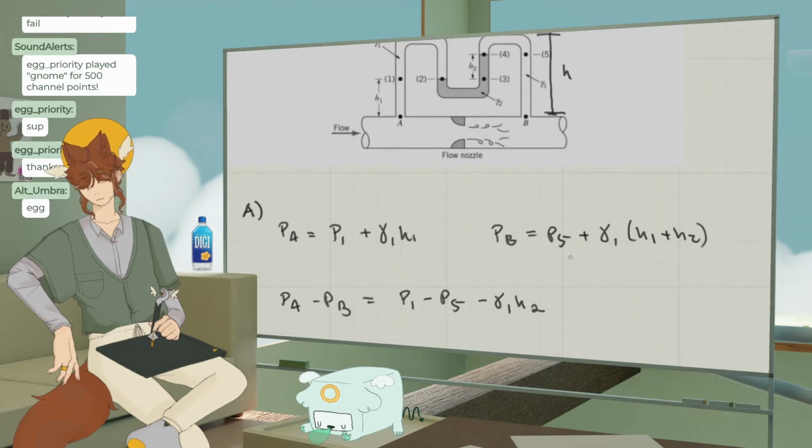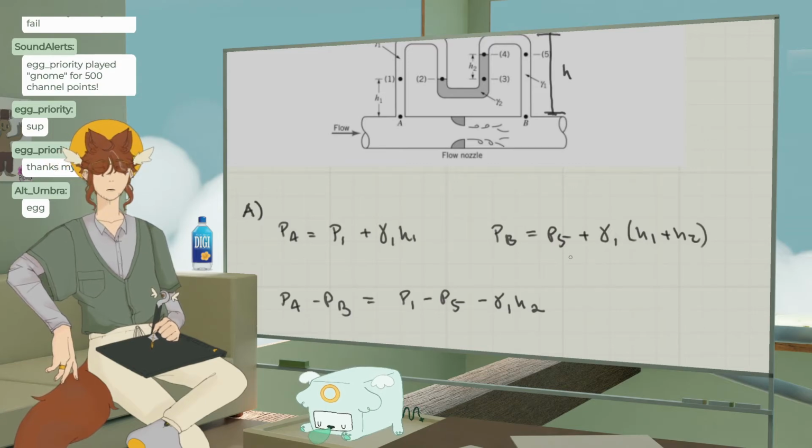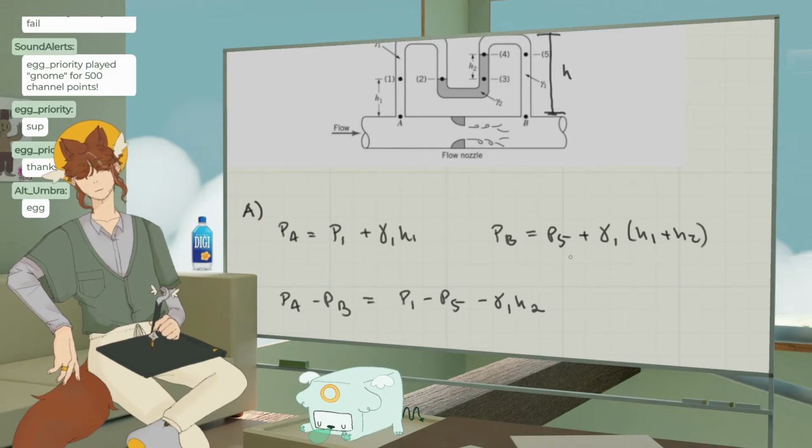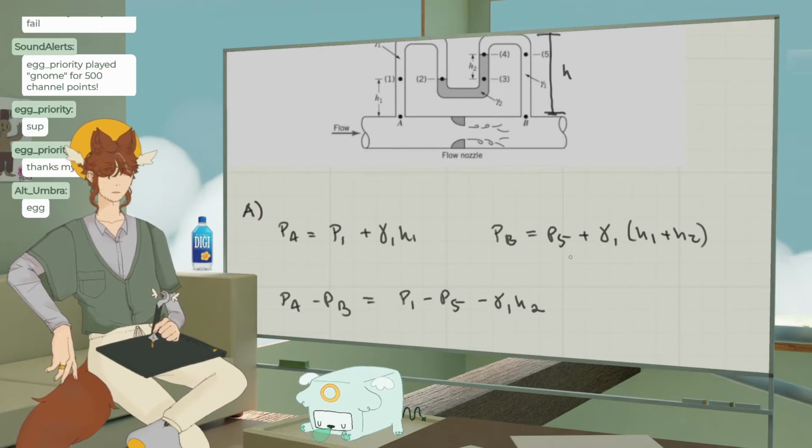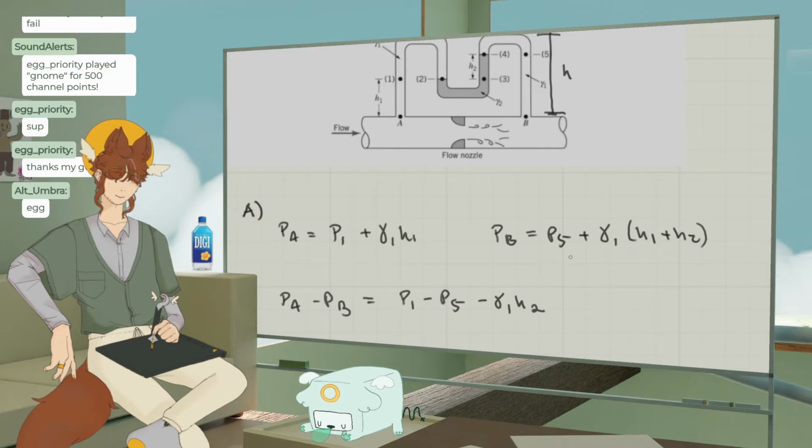So like the difference between A and B is, well, P5 is a different pressure, but we have the difference between 1 and 5, and then yeah, an additional. Okay, that makes sense. That should be H2. Oh man, why do I only have H2? I need an H1 in there, otherwise they wouldn't have given me an H1. Okay.